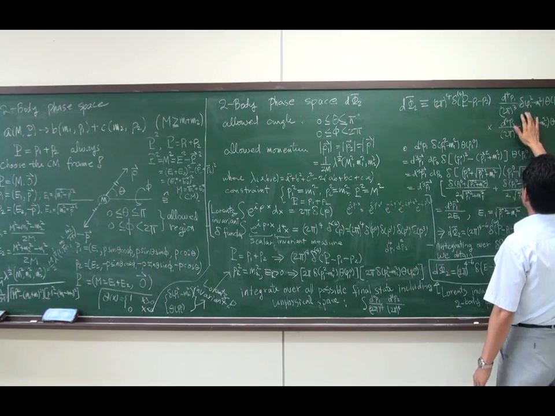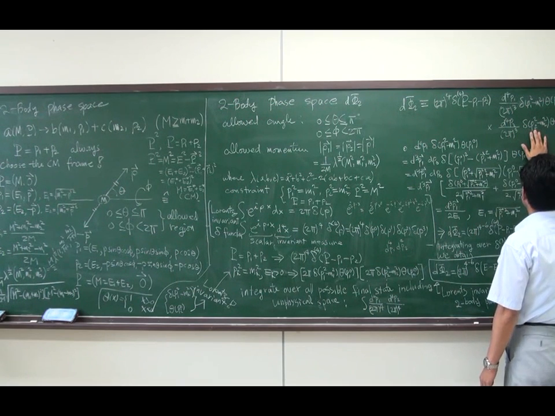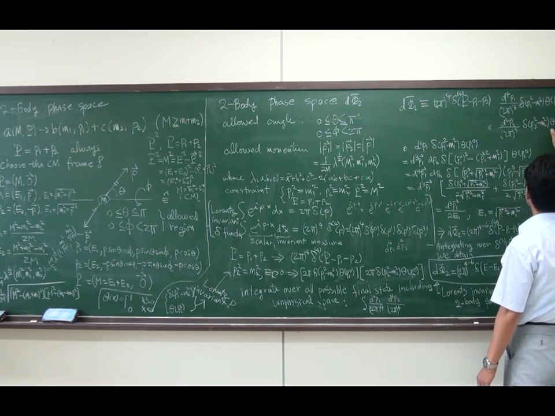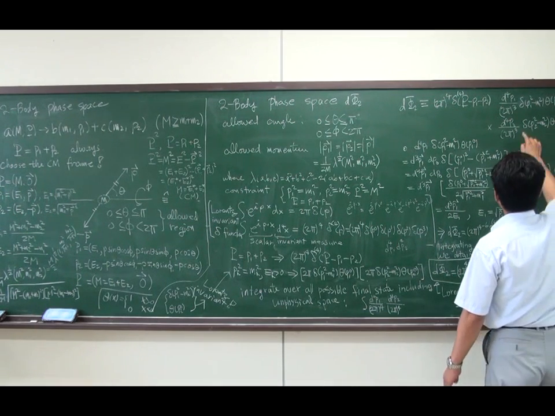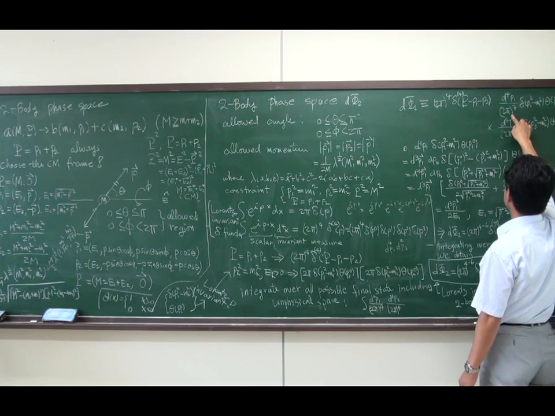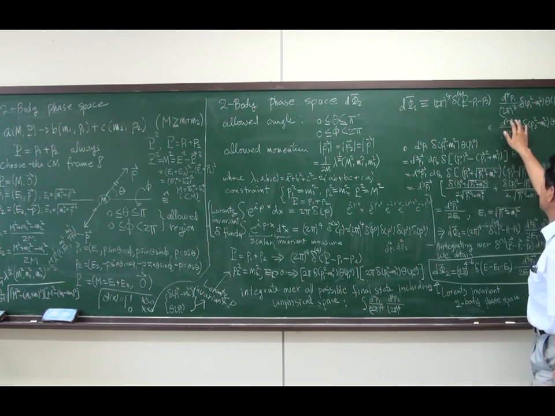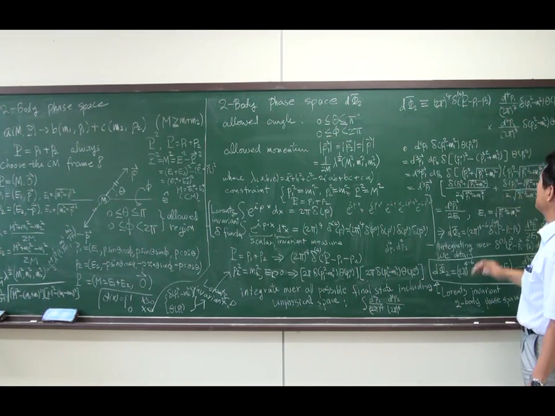The next ones are the on-shell conditions for particle 1 and particle 2, and the positivity of the energy of those particles. I had 2 pi for each delta function and the fourth power of 2 pi in the denominator of the phase space integral, so I have canceled the 2 pi from the delta function and the denominator.